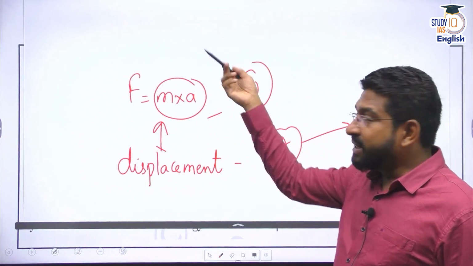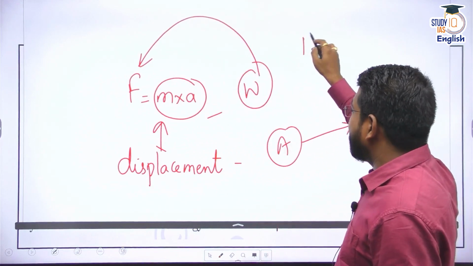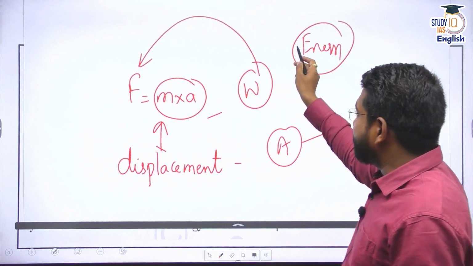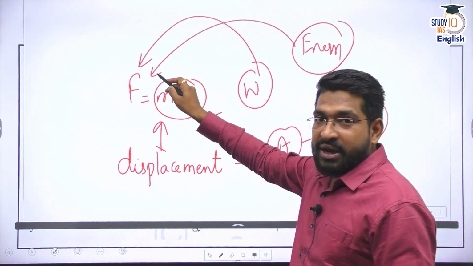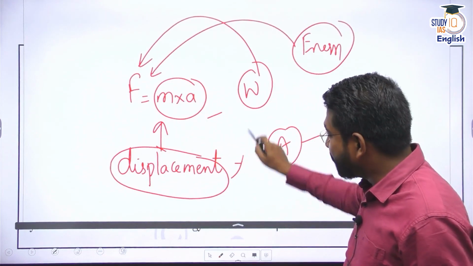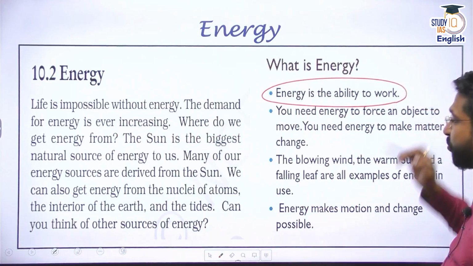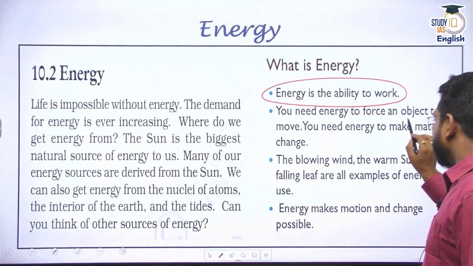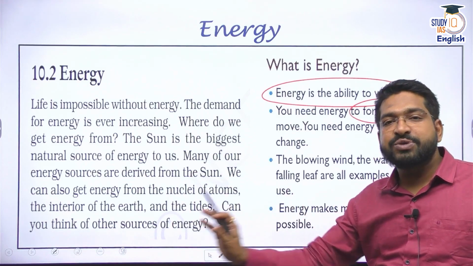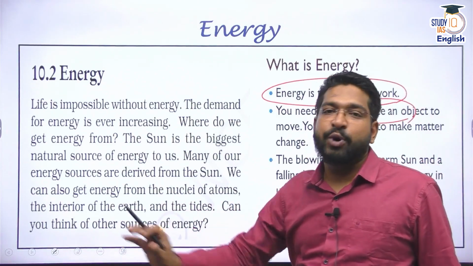So energy is basically required to employ this force, meaning if I have energy, through this energy I can employ force. And when I employ force, I'll be able to displace things. And if I displace things, then the work is done. That is the meaning of energy. Energy is the ability to do work. You need energy to force an object to move. You need energy to stop an object which is moving. You need energy to displace something from one spot to another spot.